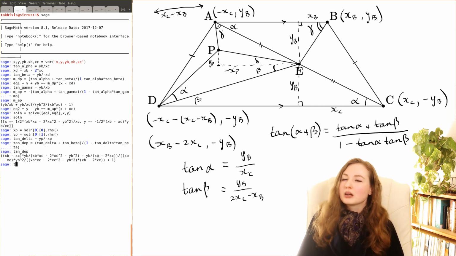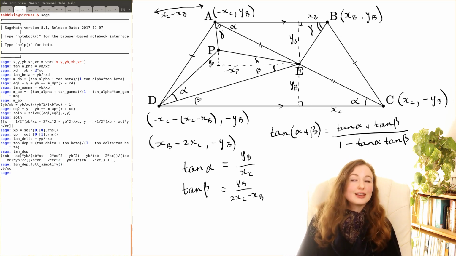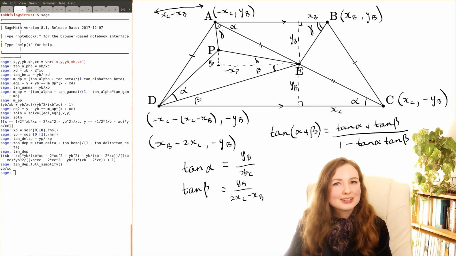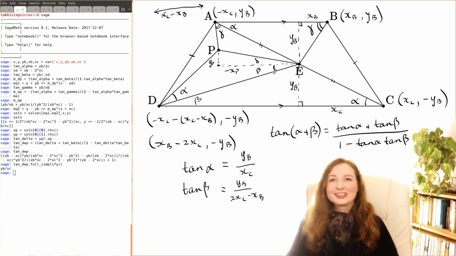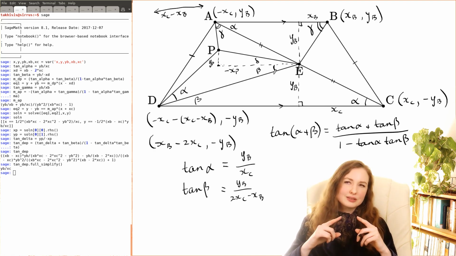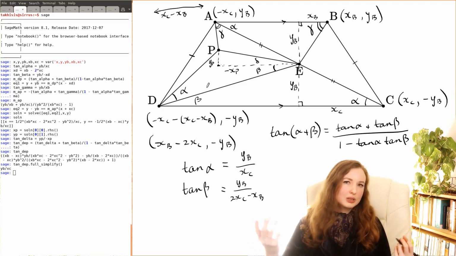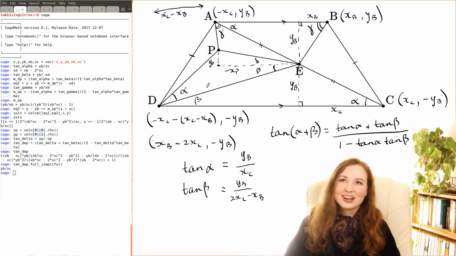So that's a bit complicated. I'm just going to tell it to simplify this. Okay, yb on xc. Now that's interesting because tan alpha was yb on xc. So that shows that these two angles are actually the same. I mean, technically angle DEP could be that plus 180 degrees, but that doesn't really make sense. So that shows that they're the same angle.